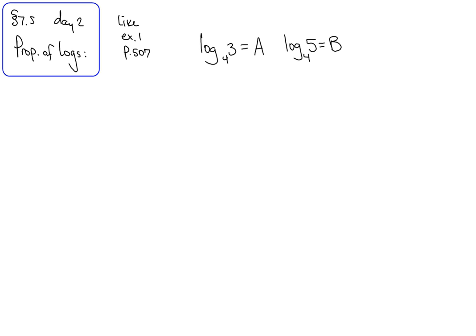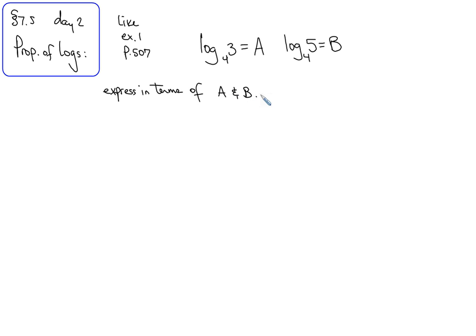And you are going to be asked to write the logarithm in terms of just a and b. So the only thing you can have in the final answer is a's, b's, and numbers. No logarithms anymore. So express in terms of a and b.